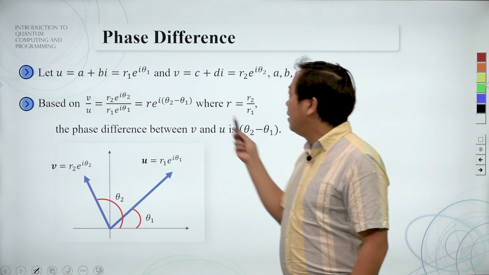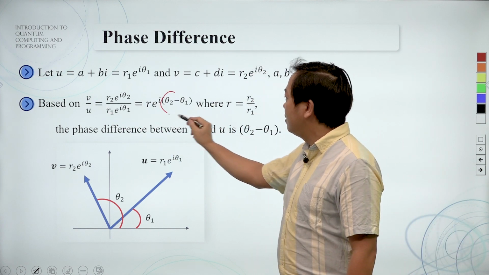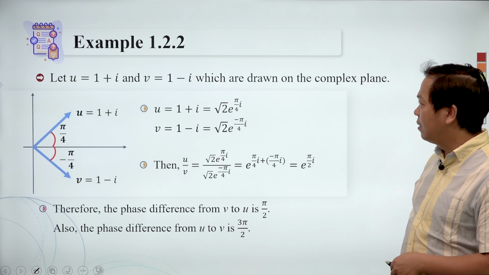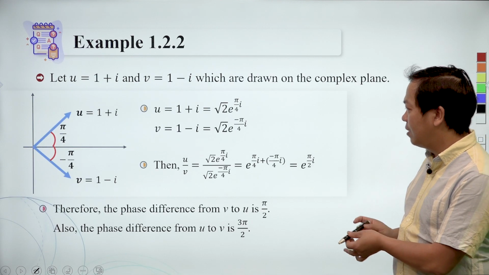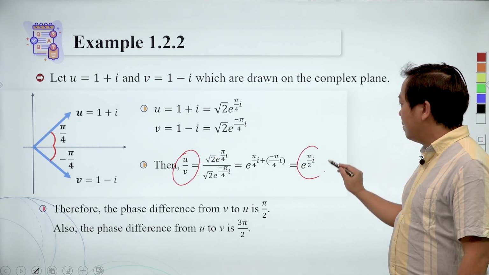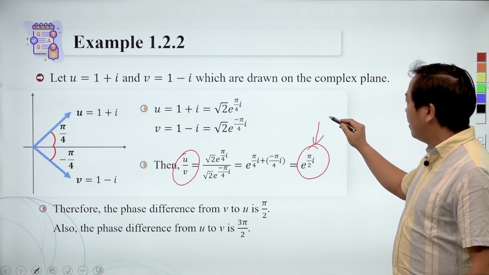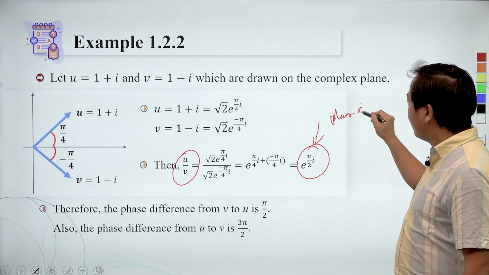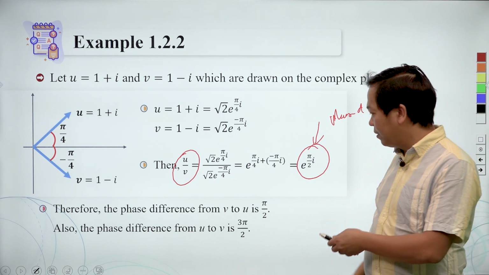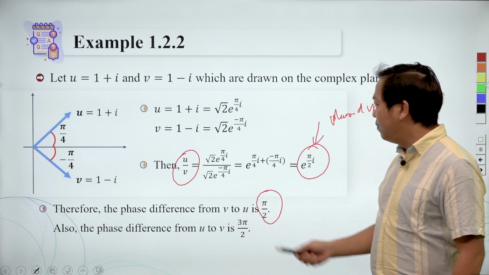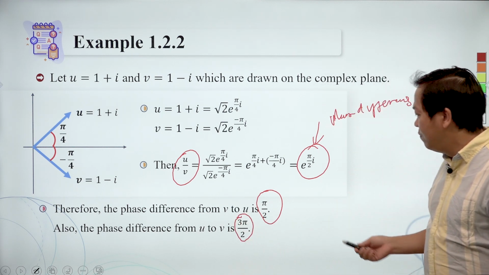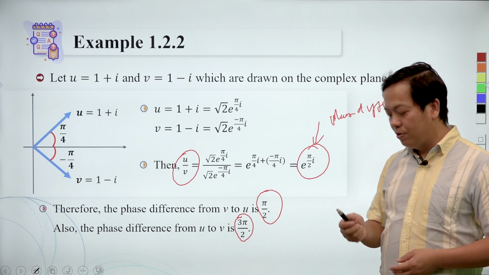Based upon the Euler formula, you can divide two vectors and calculate the phase difference. So the phase difference over here is pi over 2, and these are 3 pi over 2.